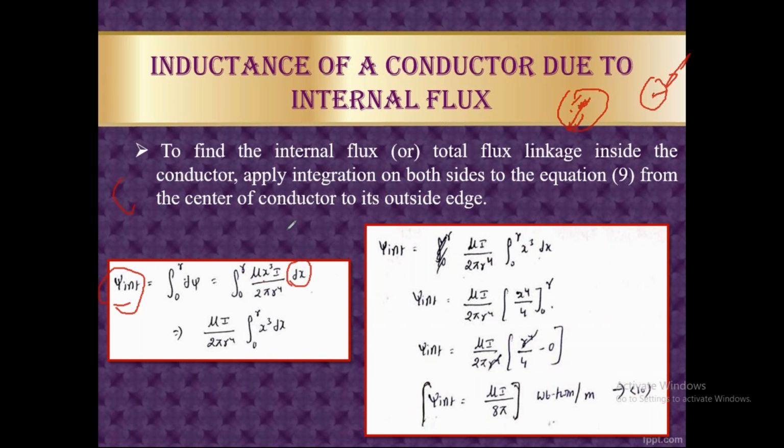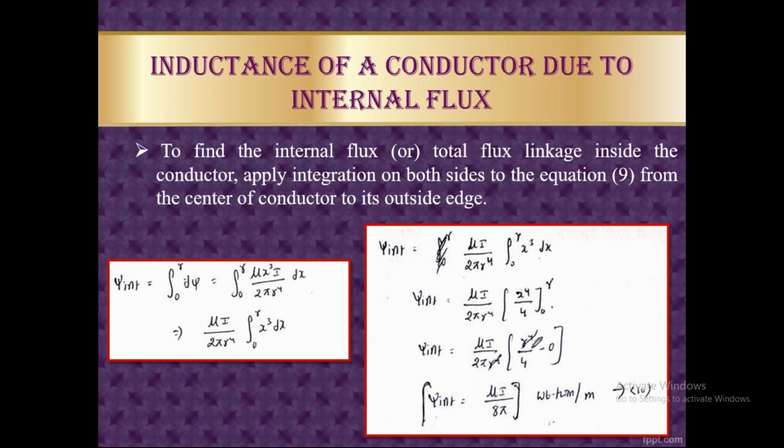The integration of x cubed: you already know that the integration of x power n dx equals x power n plus 1 divided by n plus 1. That is the formula for integration. Now if you integrate x cubed with respect to dx, you will get x power 4 by 4, with upper limit R and lower limit 0.